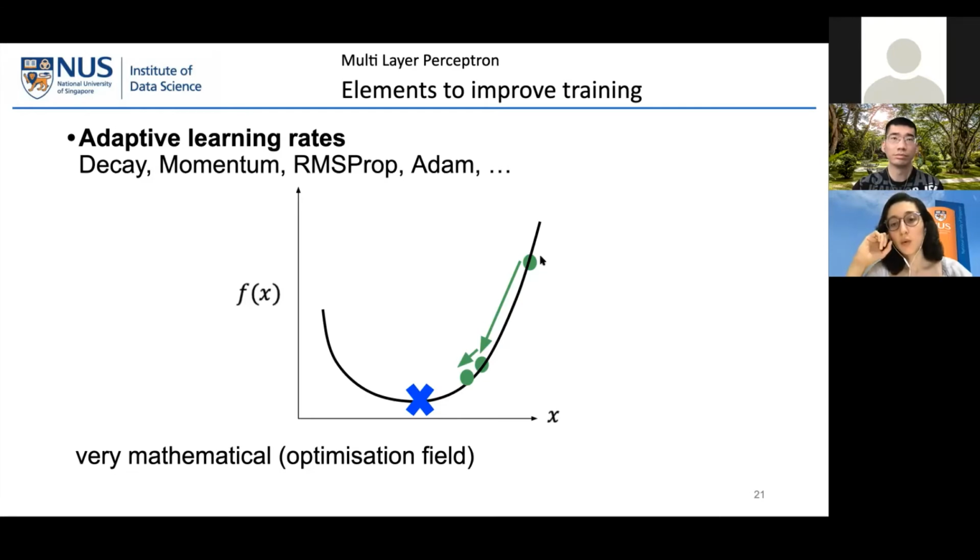So maybe you may want to have some high learning rate at the beginning of your training, and then reduce the steps in order to have a higher chance to converge to a minimum of your cost function. There are quite a lot of methods and algorithms out there to adapt the learning rate during training. It's a whole research field.